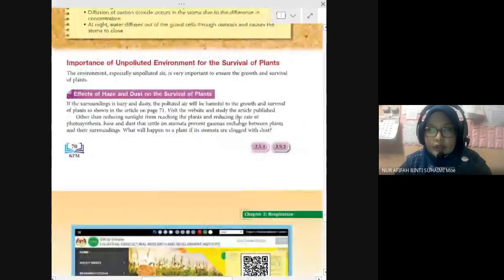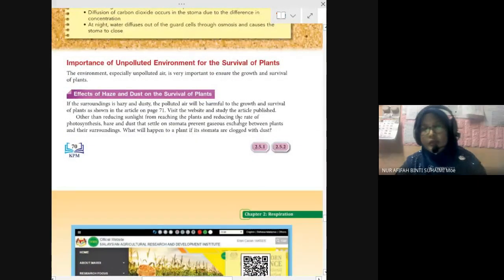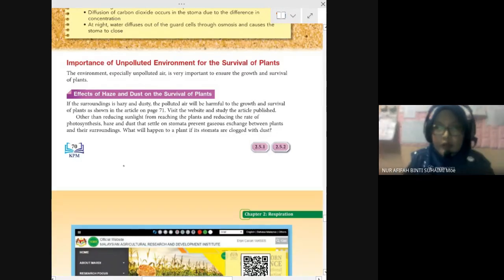This one, importance of unpolluted environment for the survival of plants. Okay, we have effects of haze and dust on the plants. What is the effect of haze? If there are haze and dust around us, what happens to the plant? We also have bronchitis.